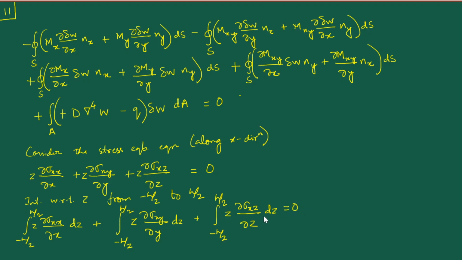So next, what we are going to do here is, you see, this z is independent of x. So we can put this z inside here. Similarly, this z is certainly independent of y, so we can put this z inside here.